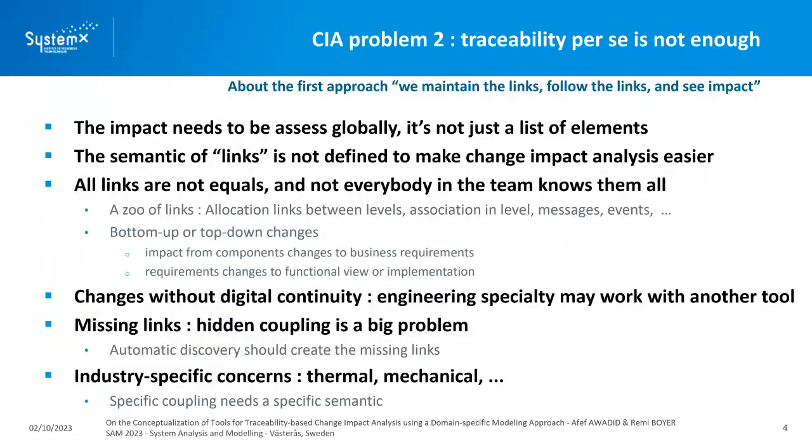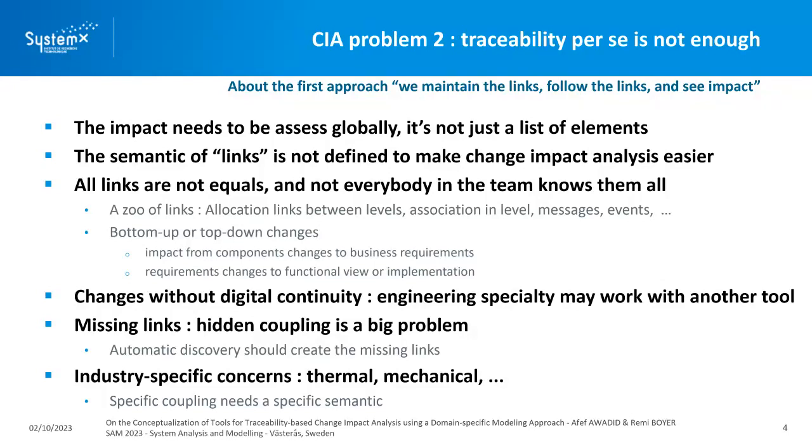And problem number two: traceability per se is not enough, because when the goal is to just maintain traceability links, we don't achieve the goal to master and to analyze impact. So the first approach, we maintain the links and we maintain an allocation table. It's not sufficient.